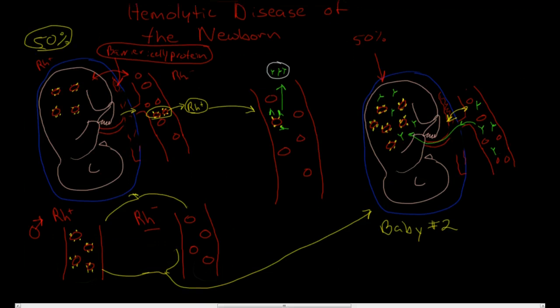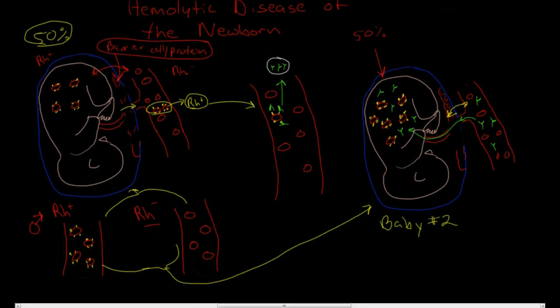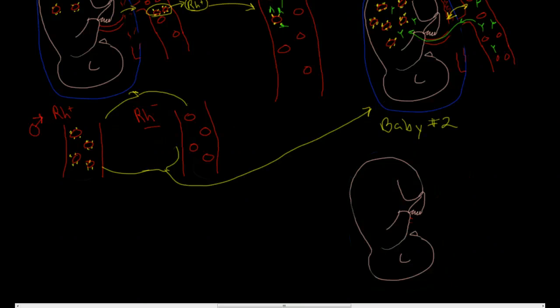So baby's born now, and within hours after birth, providers are going to start noticing that there's significant hemolysis, because we have the baby's Rh positive blood that is being hemolyzed by the mother's immunoglobulins, anti-Rh immunoglobulins.